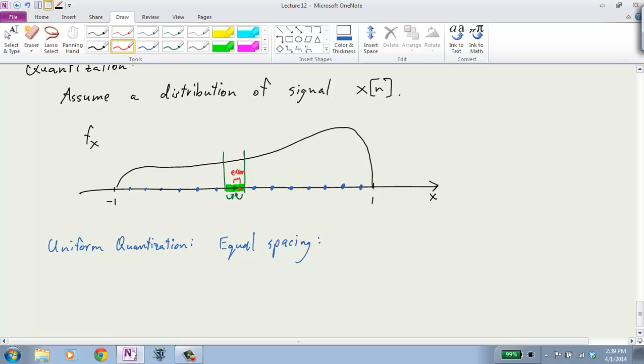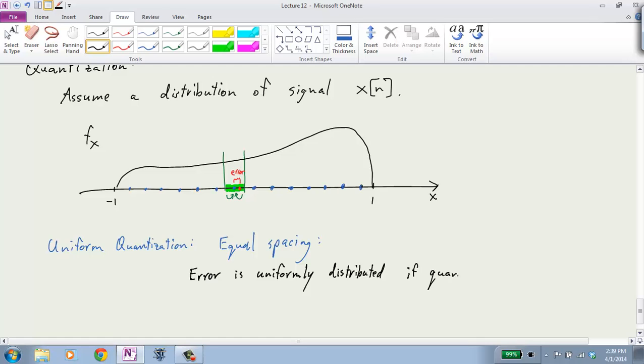And we see that the quantization error, if the quantization is fine enough, is going to be roughly uniformly distributed. I'm not going to prove that here, but from the picture, hopefully you believe me, that the error will be uniform if the quantization is fine enough.